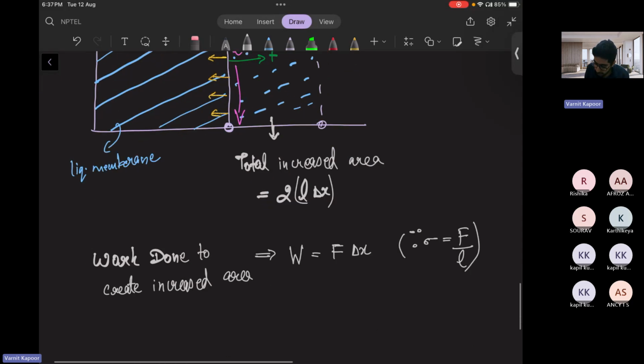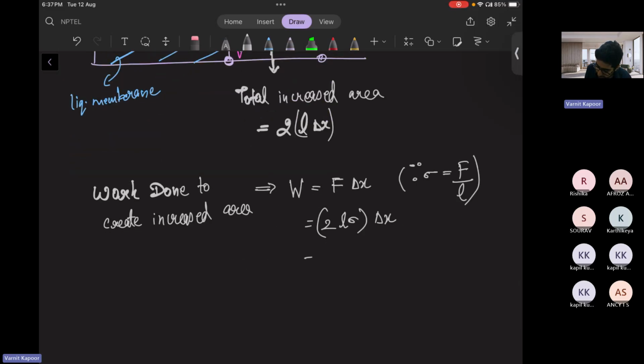So that will be 2 into L into sigma into delta x. This is your 2 sigma L delta x. So sigma, if you take out, it is 2 times L delta x, and 2 L delta x is nothing but your increase in area.